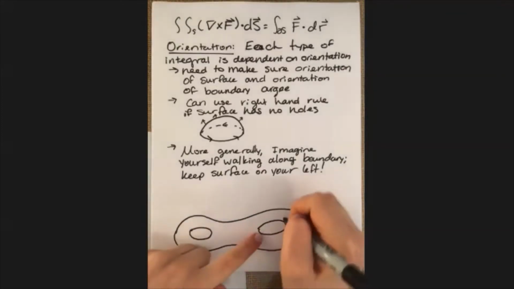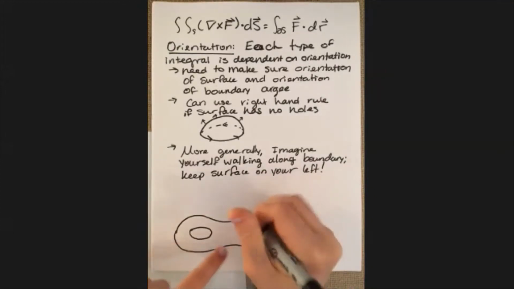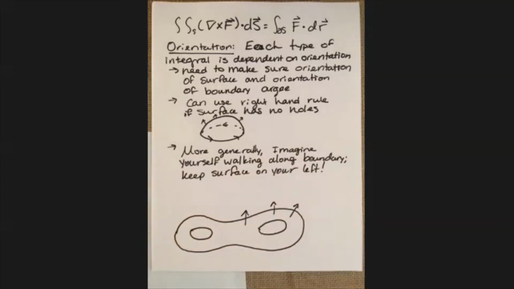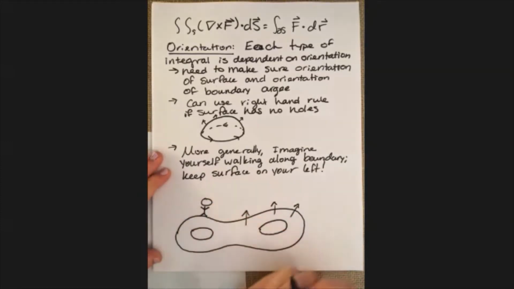So if we want to make sure that we have upward orientation, generally speaking, that's how we normally want to do it. The way to make sure that the orientation on the boundary agrees with the upward orientation on the surface itself is, well, imagine yourself going for a walk along this.